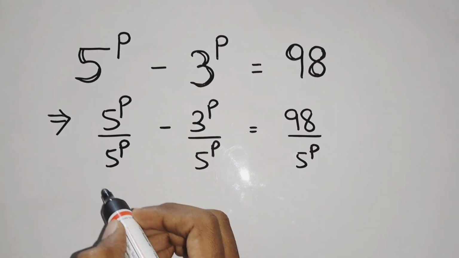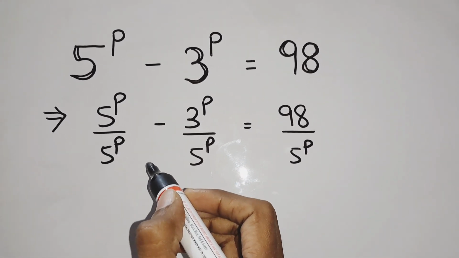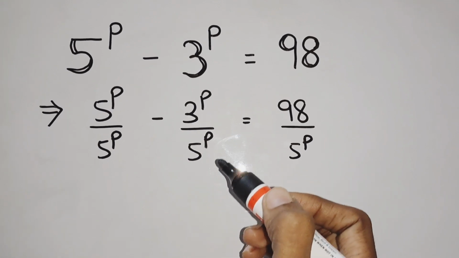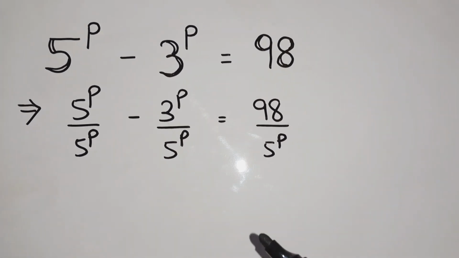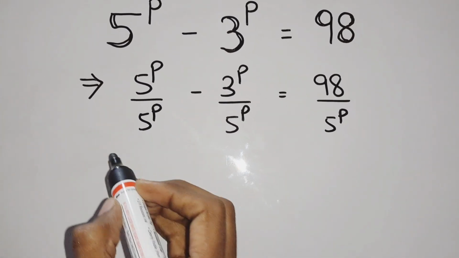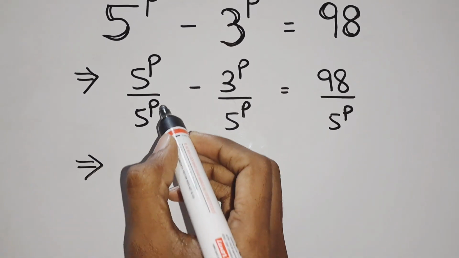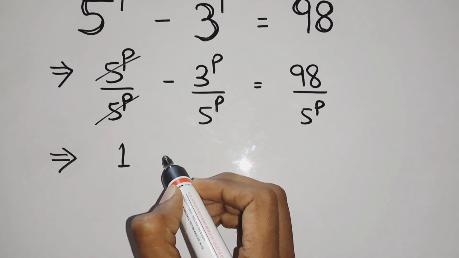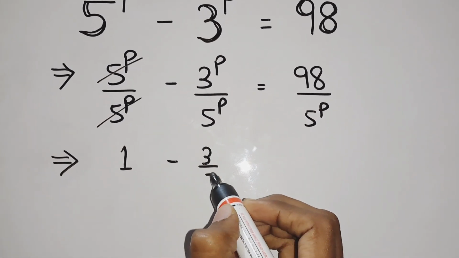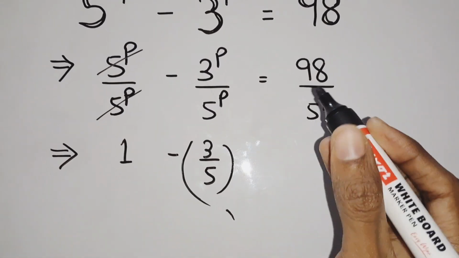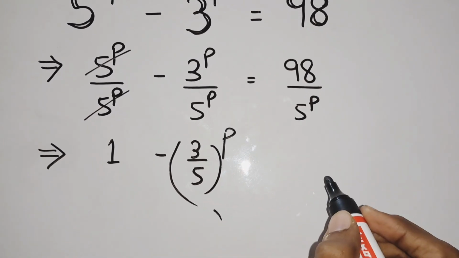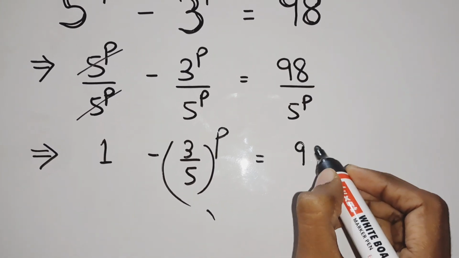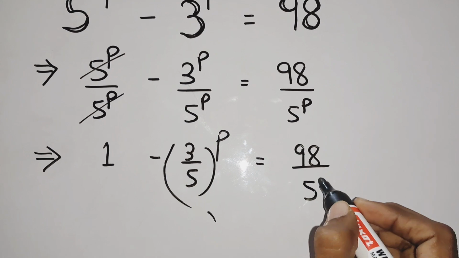Now since the denominator 5 to the power p is never equal to 0, we can do this, that is, we can divide by 5 to the power p both sides. Now this will get cancelled and it will convert to 1. And this will become 3 by 5 whole to the power p equals 98 by 5 to the power p.